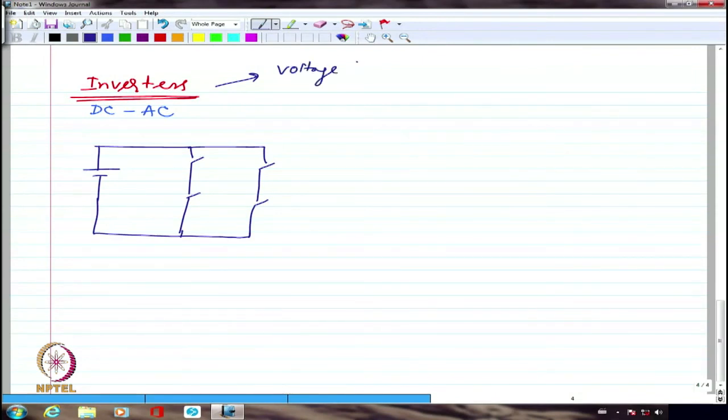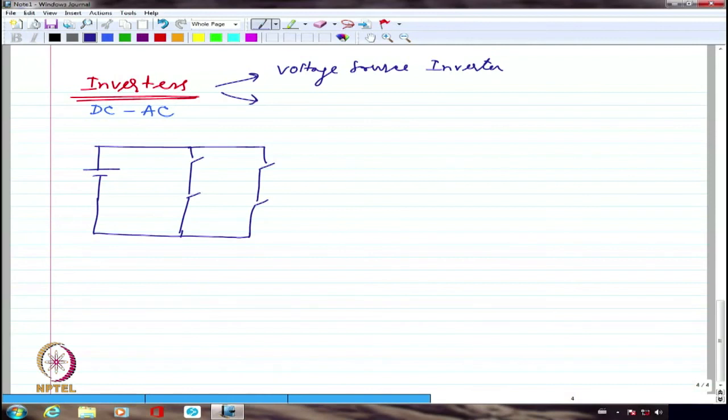and the other one is known as the current source inverter, which means the voltage source has to be necessarily converted into a current source by including a large inductance in series. If I put a large inductance in series, the inductance will not allow change in current so easily. So it will look as though I have converted the voltage source into a current source, because naturally there is no current source concept really available.